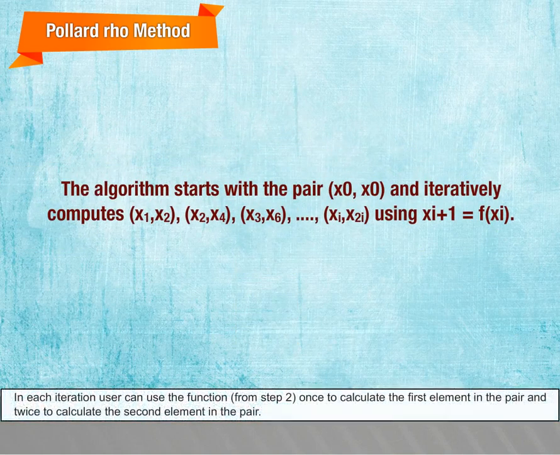The algorithm starts with a pair x0, x0 and iteratively computes x1, x2, x2, x4, x3, x6 and so on up to xi, x2i using xi plus 1 is equal to f of xi. In each iteration, user can use the function from step 2 once to calculate the first element in the pair and twice to calculate the second element in the pair.